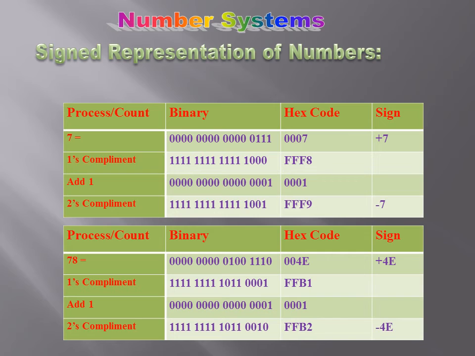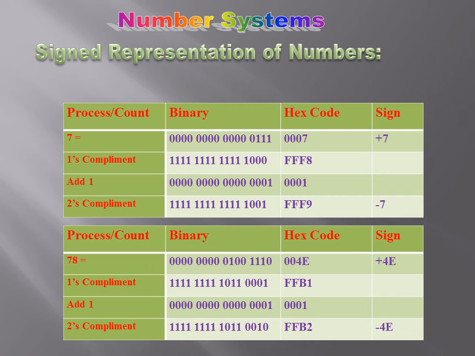If I take its 1's complement, these zeros will change into 1's and 1's will change to zeros, and the number becomes FF8. But if I add 1 to this FF8, it will become FF9. So this will be minus 7. This minus 7 is nothing but the 1's complement plus 1, making it 2's complement. So 1's complement, add 1, makes it 2's complement, but that represents the negative of the same number.